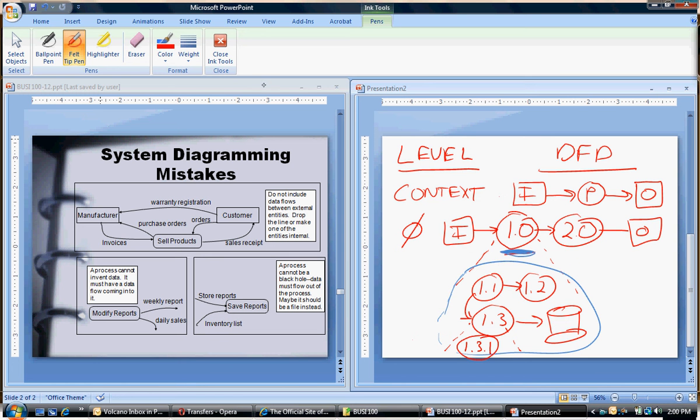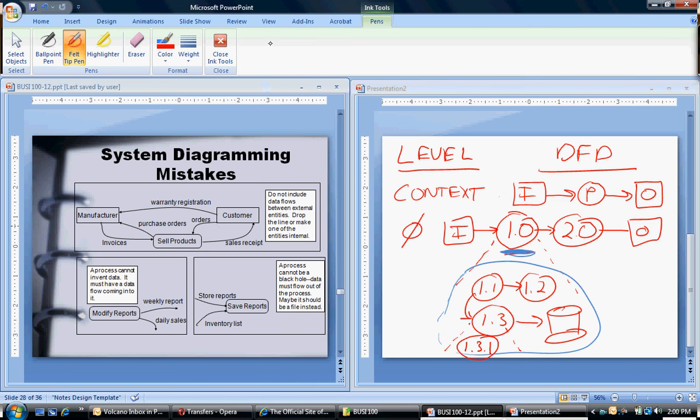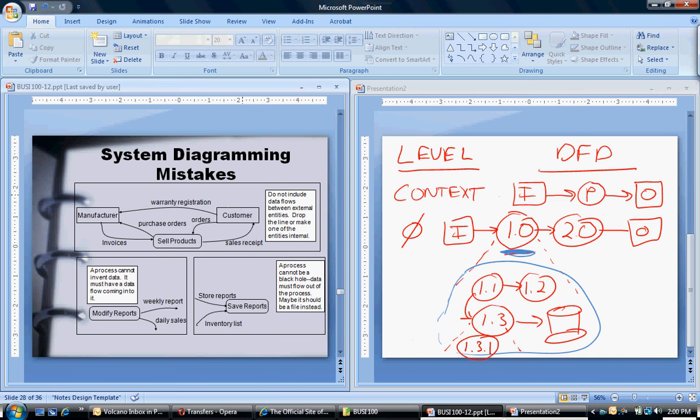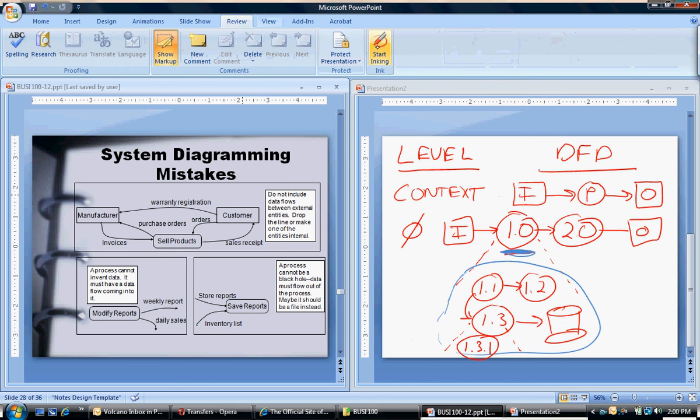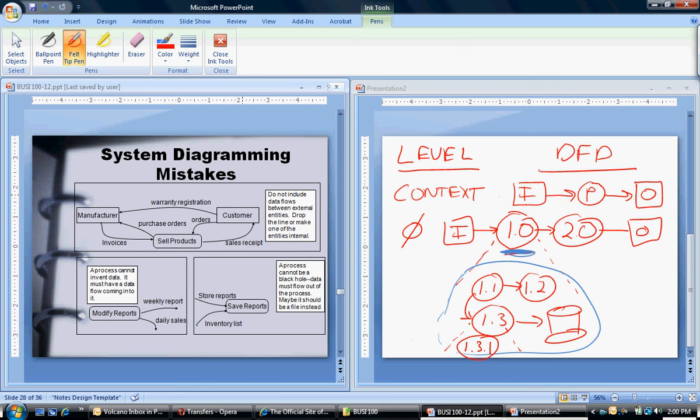The other potential mistakes that we can get into is, let's see here. Notice here we have an external entity called a customer and another external entity called a manufacturer.